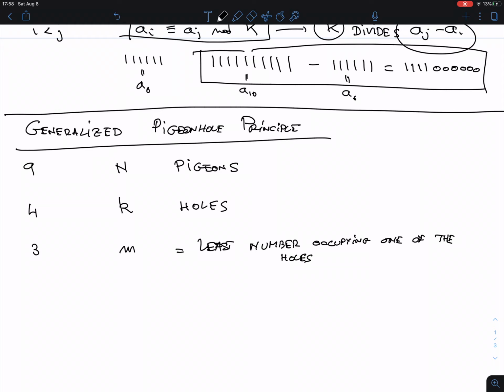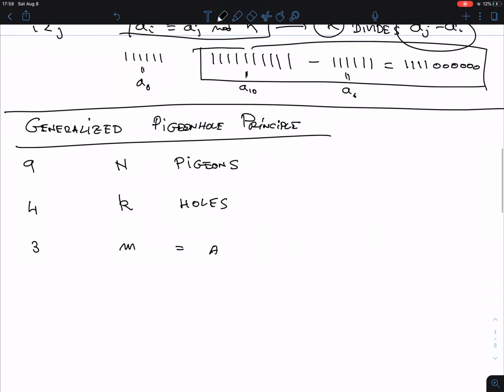It's that at least one hole has to have at least this many, m pigeons in there. And what's the formula now?